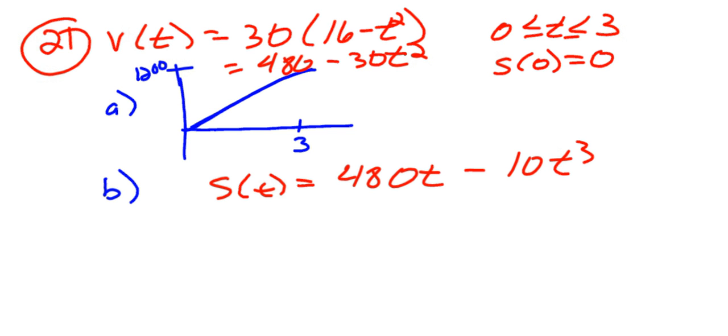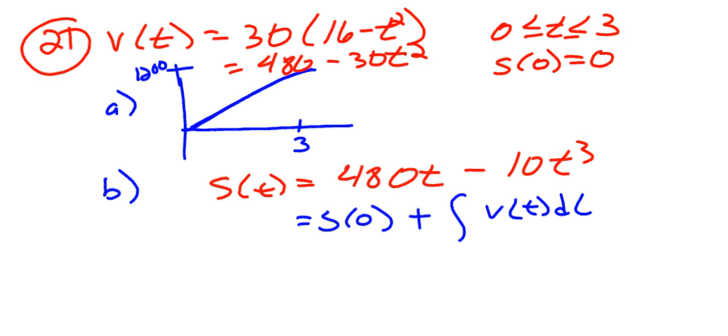But in this one, because of my initial condition, and this is something the book says in this section, instead of writing this, I can do s of 0 plus the integral of the velocity. And I should be able to save myself the step of finding the initial condition and C. Since my s of 0 is equal to 0, my C is 0.